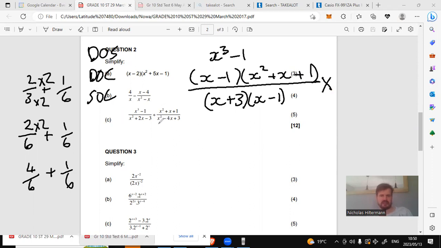Okay, so I factorize the x squared minus 4x plus 3 to x minus 3, x minus 1. Sorry, it's negative. It's two negatives because we get a negative in the middle. Right. And this thing doesn't end up factorizing.